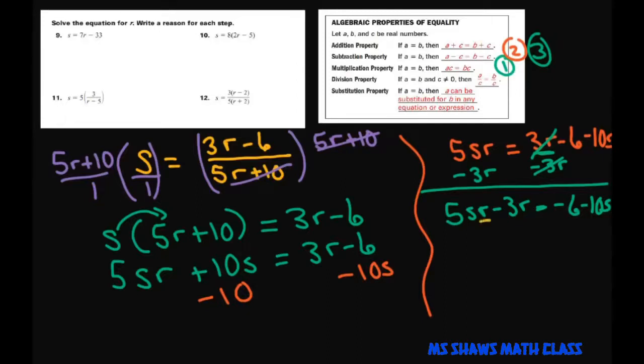I'm going to factor out an R. This is simplifying. You factor out an R, you get R times 5S minus 3 equals negative 6 minus 10S. Now we're going to divide both sides of the equation by 5S minus 3.